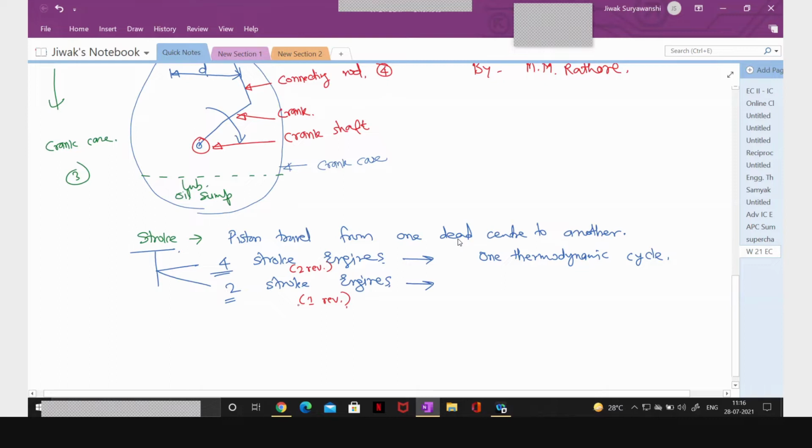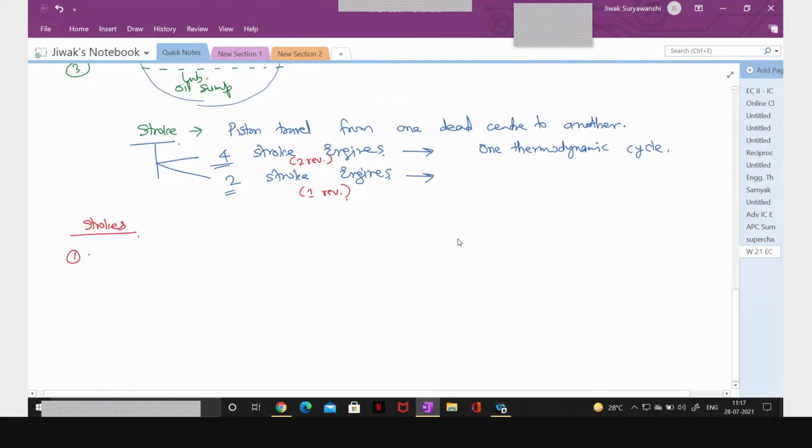The first one is the suction stroke. The second one is the compression stroke. The third one is the power or expansion stroke. And the fourth one is the exhaust stroke.